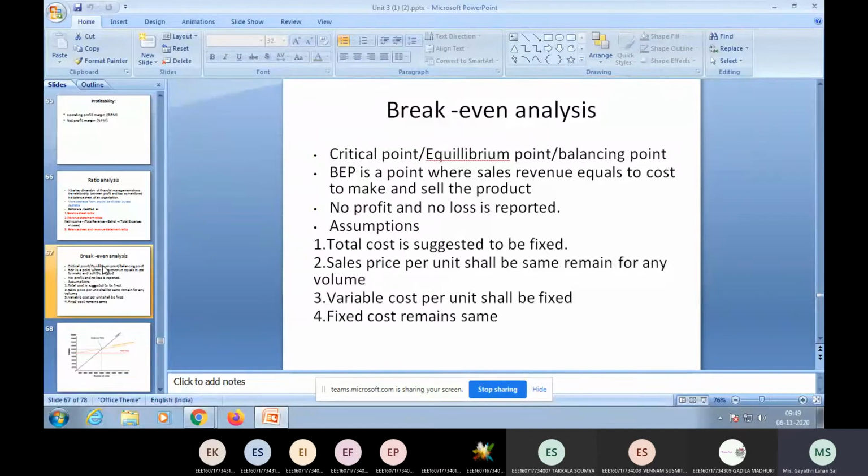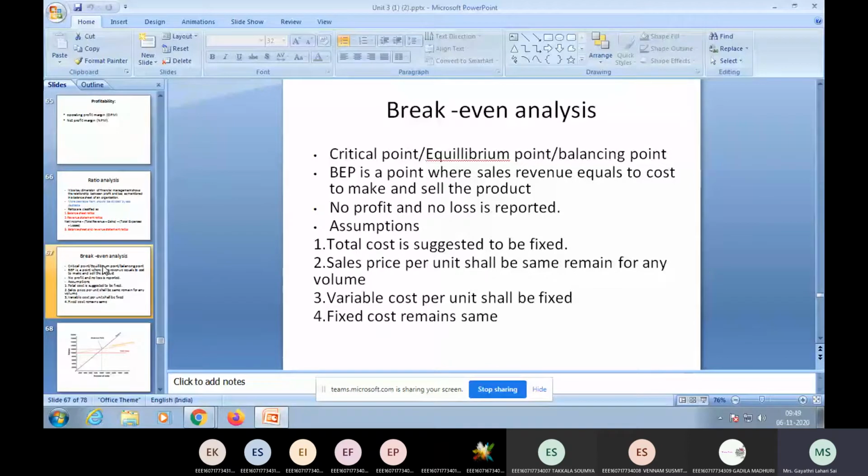If I'm an entrepreneur talking with an economist or an accounts person, he will ask whether you reached this break even point or not. If I say no, I'm a little bit closer to the break even point, it shows that you are trying to reach where there is no loss and no profit, where the total cost of the product you are spending is equal to the total revenues generated.